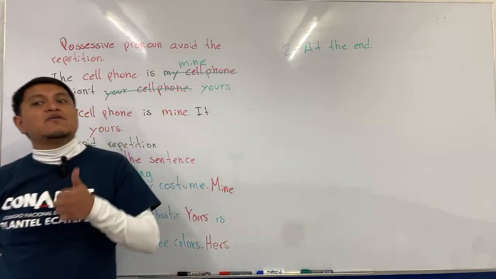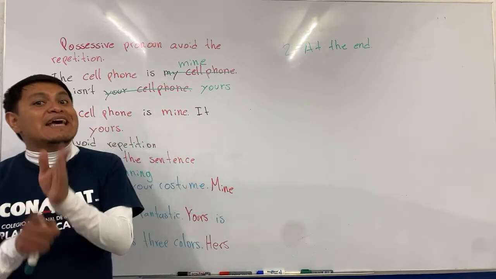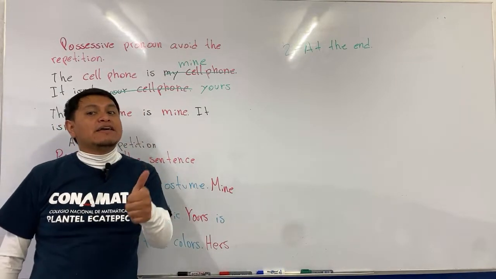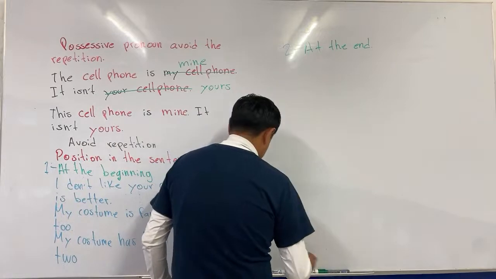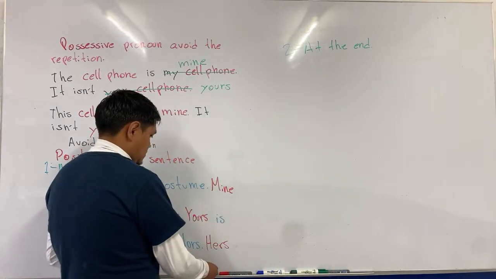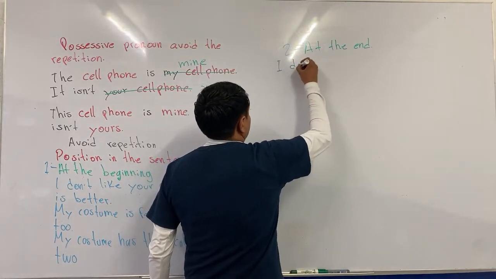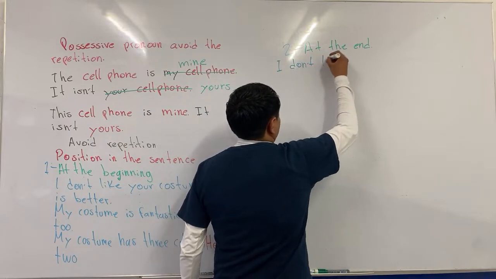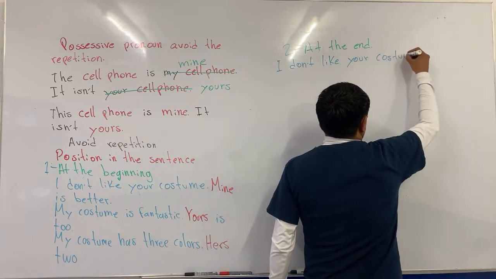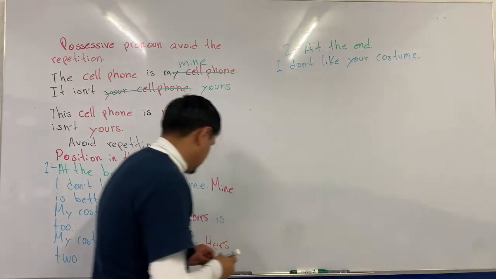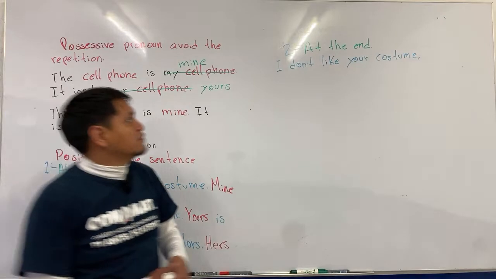At the end, possessive pronouns can be the object of a sentence. So its position is at the end, right? I don't like your costume. I like yours. I don't like your costume. I like yours.